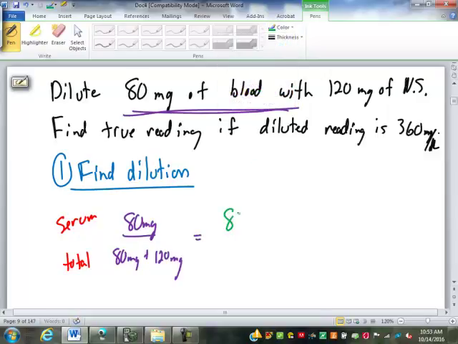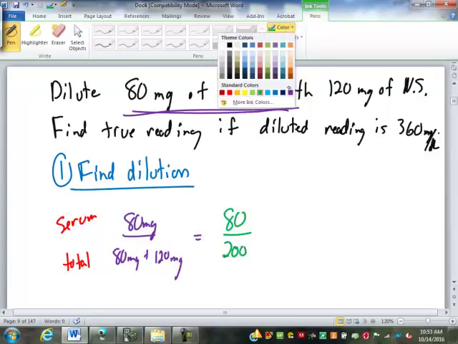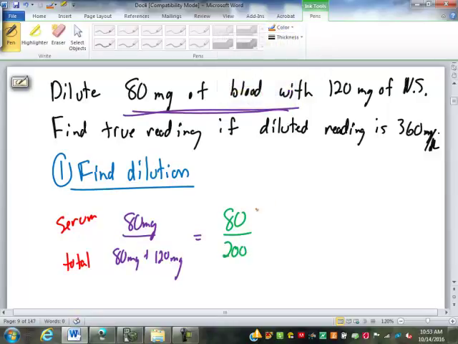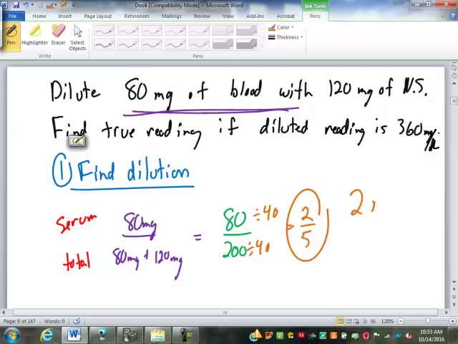So we have 80 over 200. If I reduce that, what can both of those be divided by? 40. 2 to 3. Oops, 2 to 5, sorry. A 2 to 5. So it's a 2 in 5 dilution.